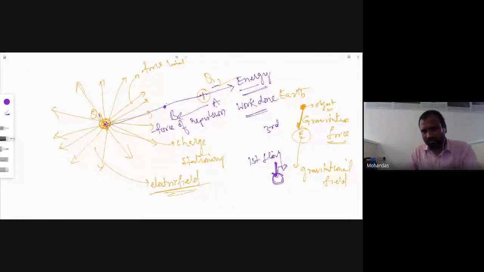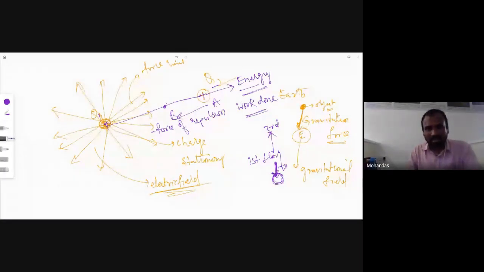But if you want to throw the pen to the third floor, you have to expend some energy against the gravitational field. Here also, the same situation is happening.